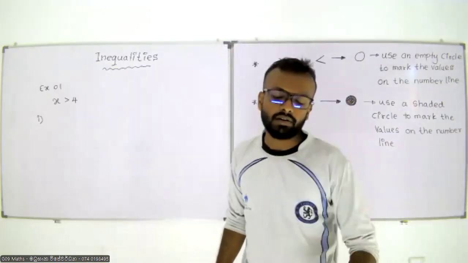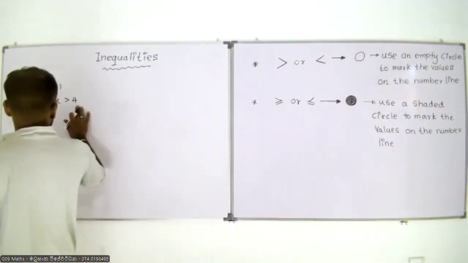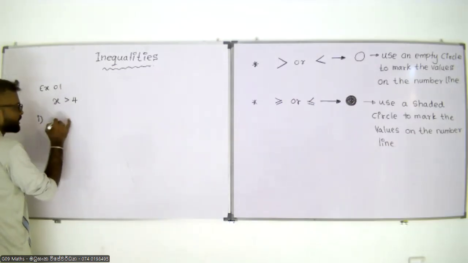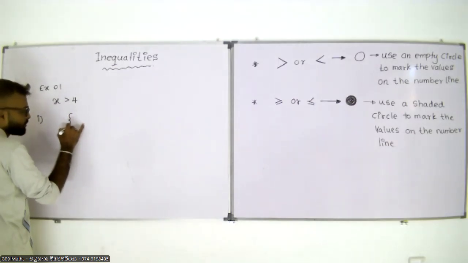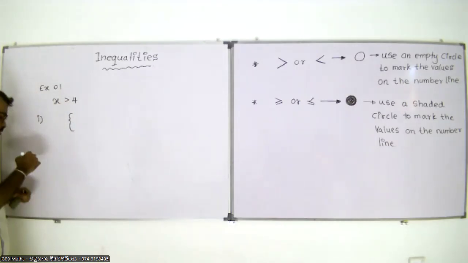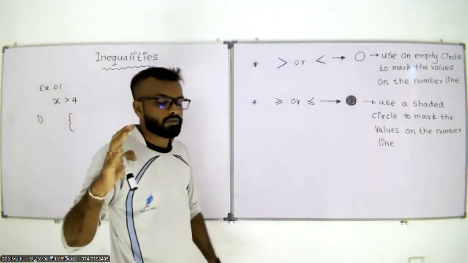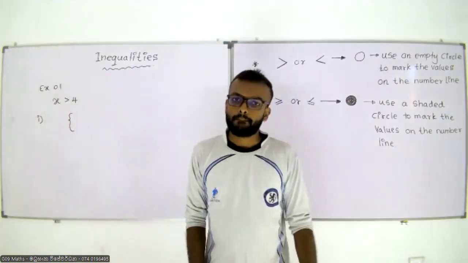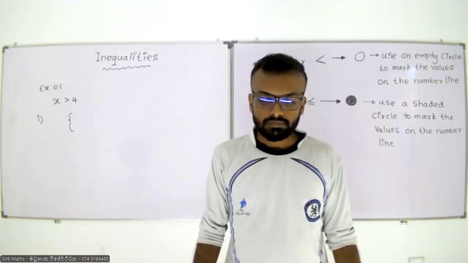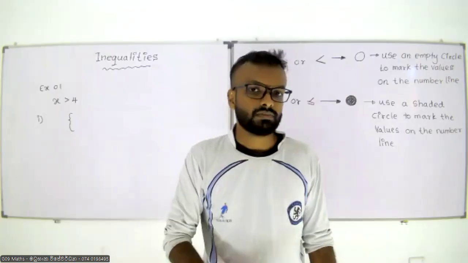They are asking for a set. So your answer should be something like this. You can take it inside curly brackets, right? Your x values can be taken as all the values greater than 4, and you have to write down only the integers.